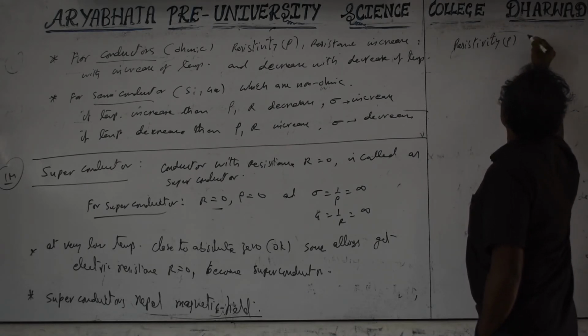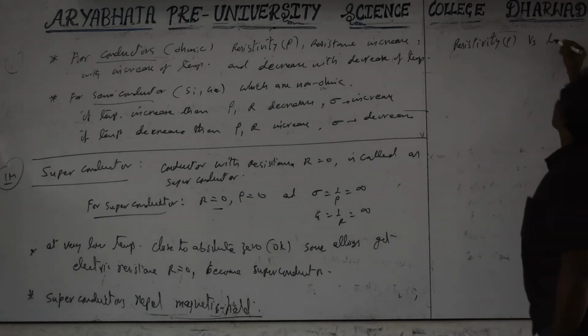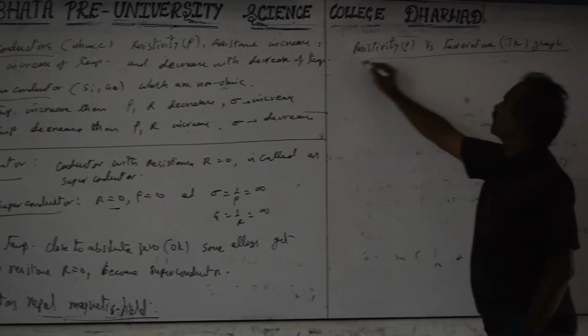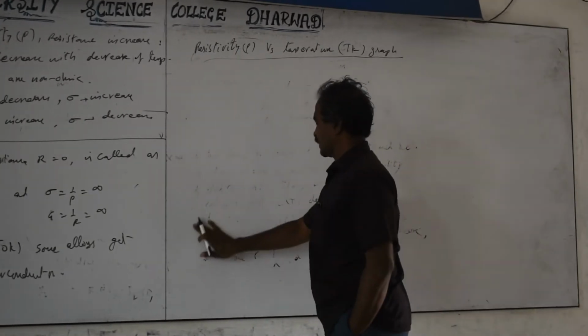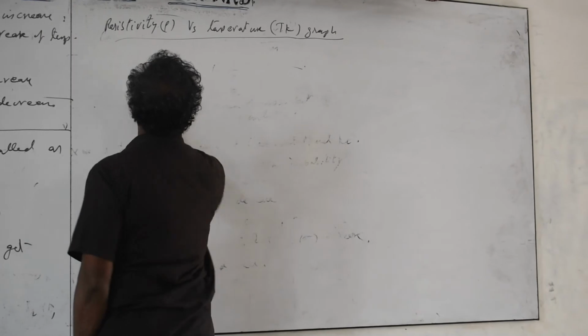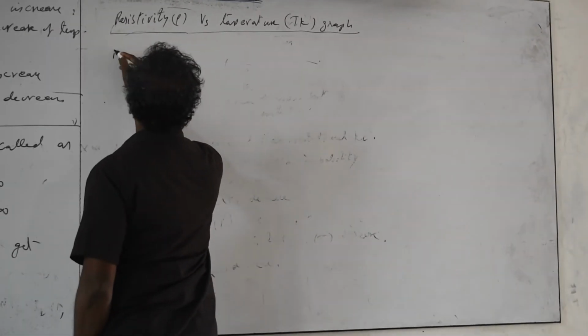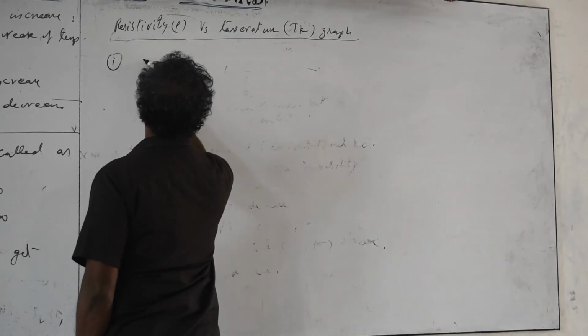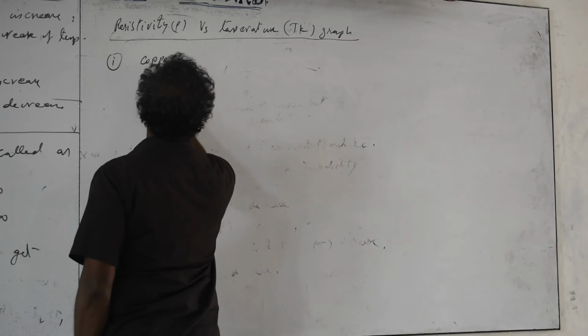Resistivity versus temperature T in kelvins. Only 3 graphs are there for you. One is for copper metal.